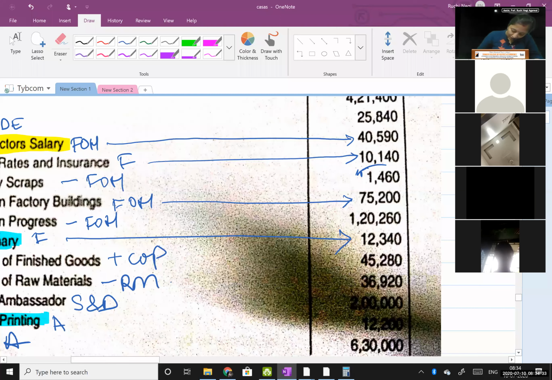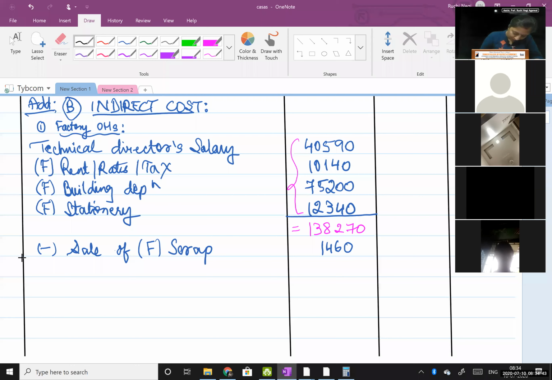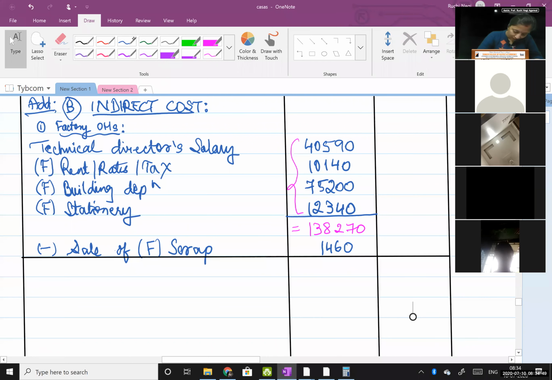Okay, take it in the outer column now. Take this in the outer column. 1,38,270 minus 1,460 is 1,36,810.